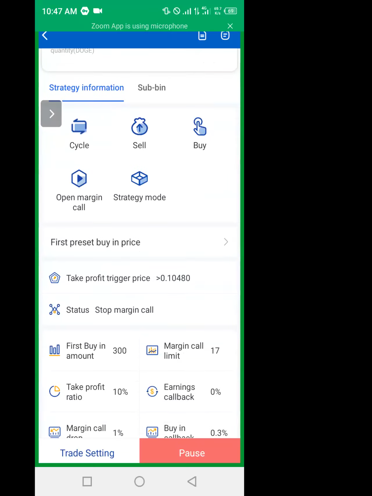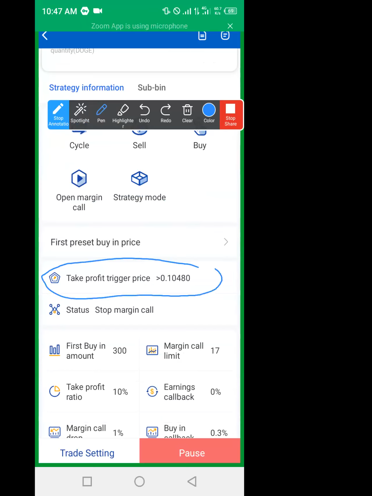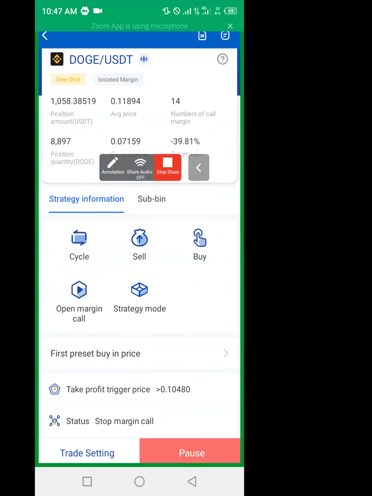I want us to look at this one here. The take profit trigger price that we always see here. This one is always showing us the price at which the next margin call is going to be sold. For example, this trade has 14 margin calls.